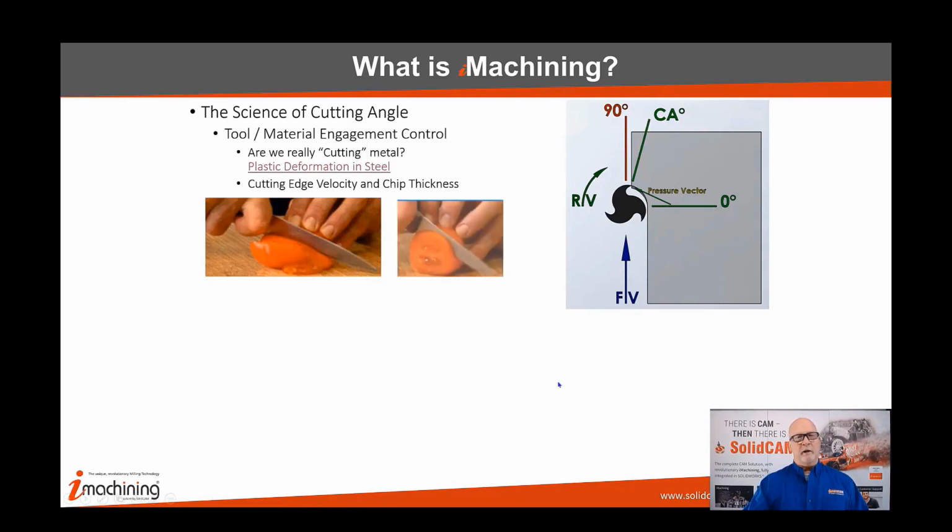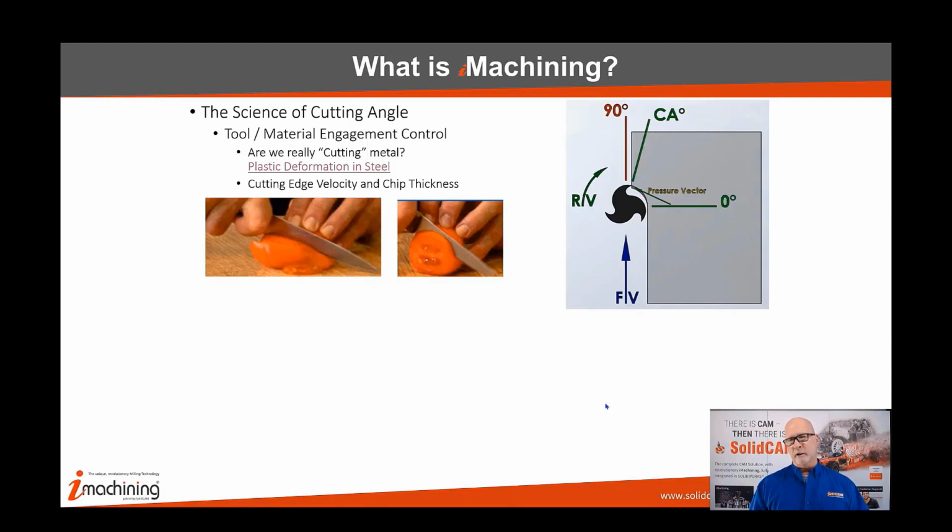But if you take that same knife and you pull it very fast across the tomato, the knife will fall through the tomato without ever deforming the tomato in any way. And that sort of illustrates, the physics are a little bit different, of course, but it illustrates for us very well the fact that we've discovered that as you increase your cutting edge velocity, you decrease the latent energy of plastic deformation for the same chip thickness.